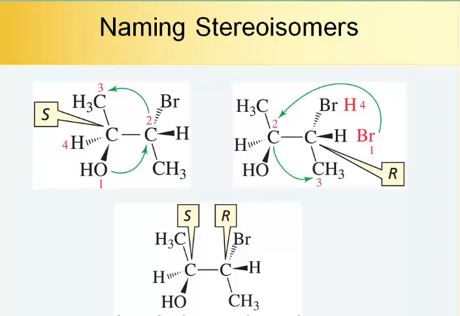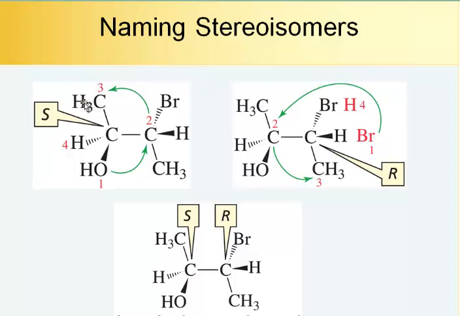Naming stereoisomers still means you need to assign priorities to your groups with the same rules. The ligand with the highest atomic number has the highest priority, therefore hydrogen is going to have the lowest priority. And then you go in order. You have 2 carbons, so that's a tie.